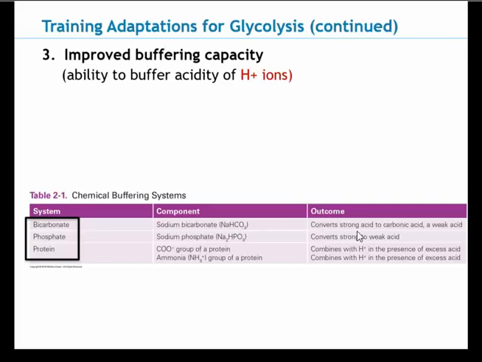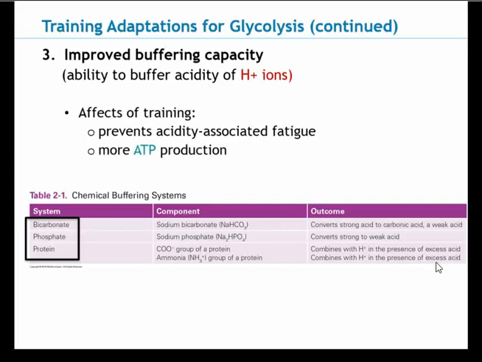It's going to convert a strong acid to a weaker acid. So we have bicarbonate, phosphate, and proteins. These are our buffers, and this is what they do. They turn the strong acid into a weaker acid, and that helps us to clear acidity. So it prevents acidity-associated fatigue, because we already know that acidity is one of the main causes of fatigue.